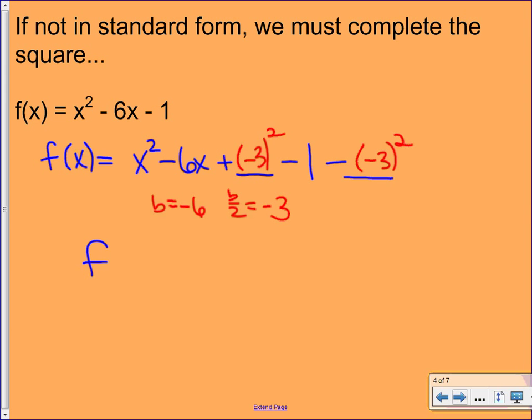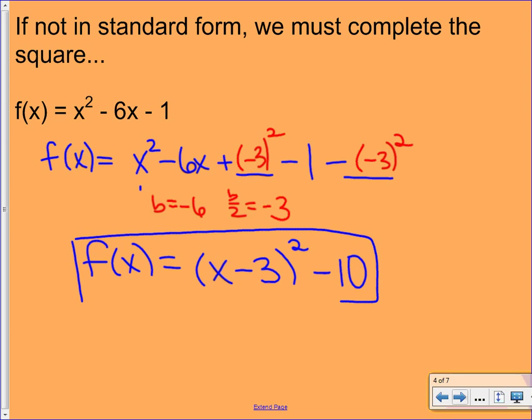What does that factor to? X minus 3, the quantity squared. x squared minus 6x plus 9 factors to x minus 3 the quantity squared. And then out here we have what? Minus 10.